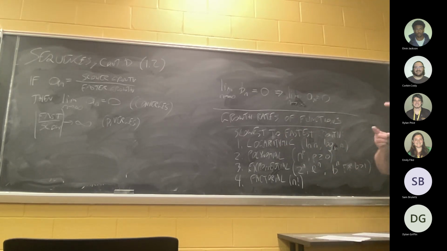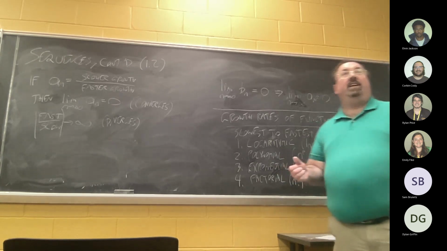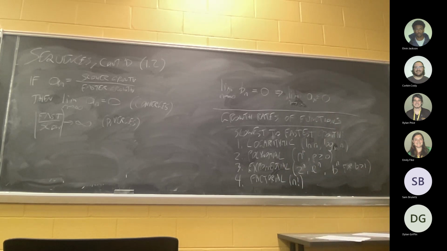Same degree, you look at the coefficients of the leading terms, and that's the limit. Exponential, you look at the bases. Larger base over smaller base is going to go to infinity, or plus or minus infinity. Smaller over larger is going to go to 0, and so on.